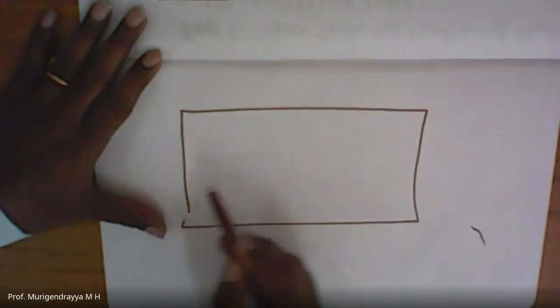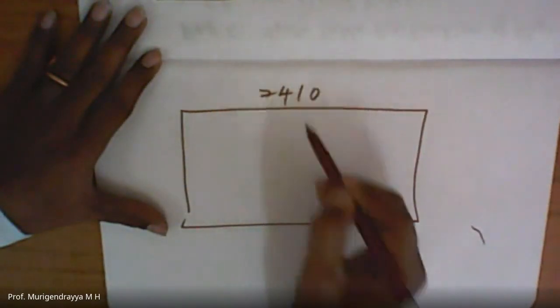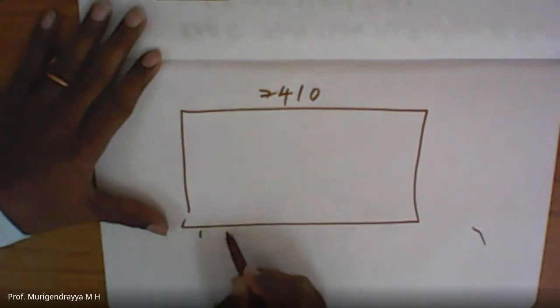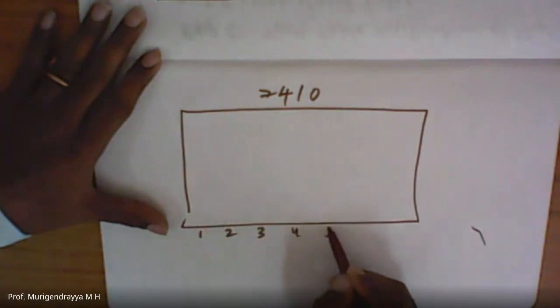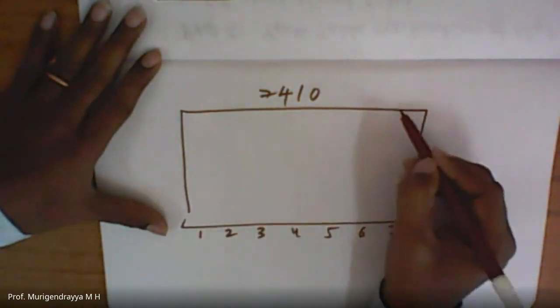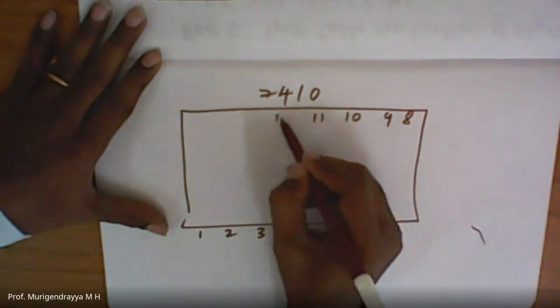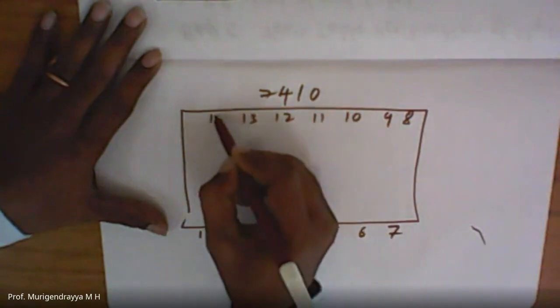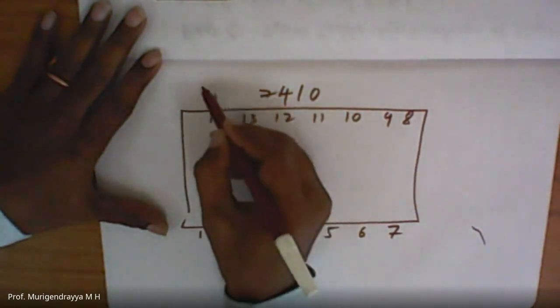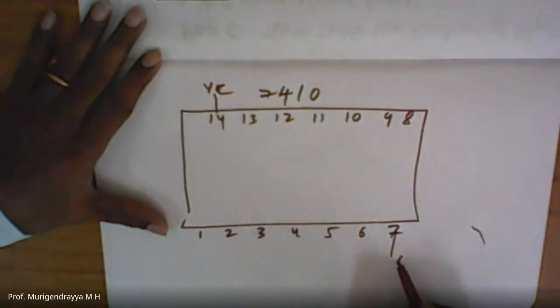Okay, so this is the pin configuration of 7410. These are pins 1, 2, 3, 4, 5, 6, 7, and 8, 9, 10, 11, 12, 13, 14. Pin 14 is VCC and pin 7 is ground, right?